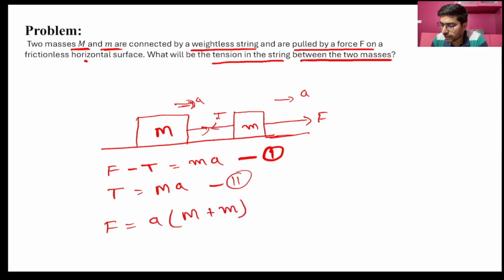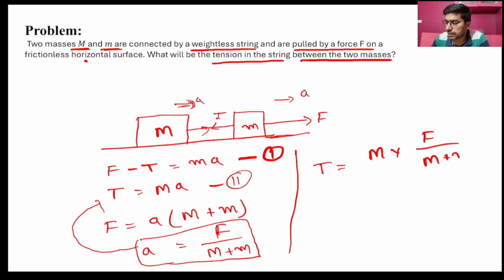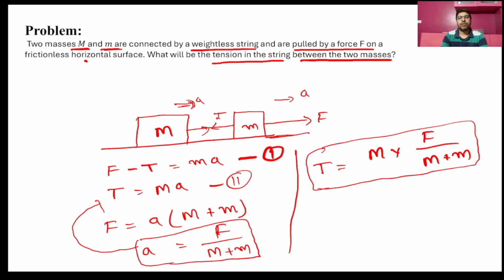So a is equal to F divided by capital M plus small m. Now we put this value in the equation, so tension will be capital M into a, that is T equals capital M into F divided by capital M plus small m. This will be the value of tension.